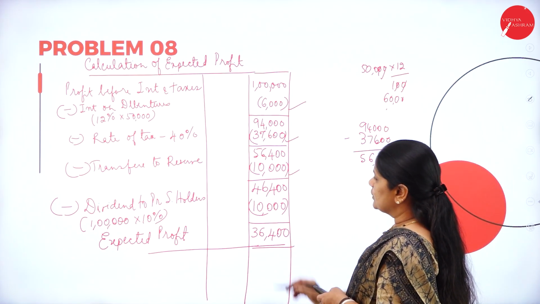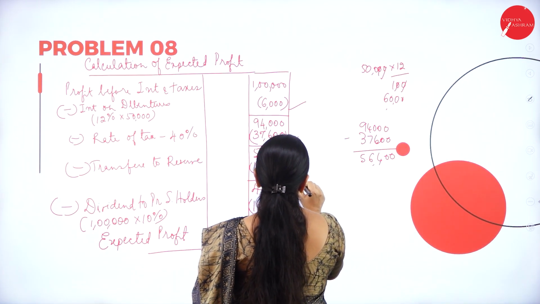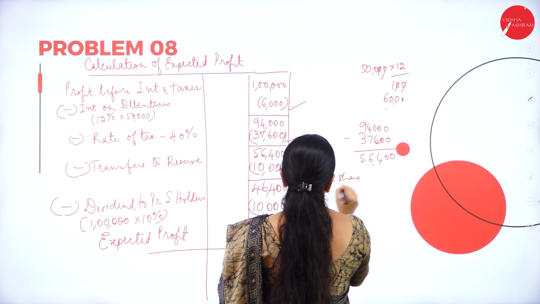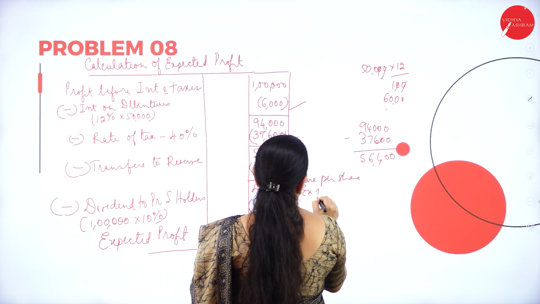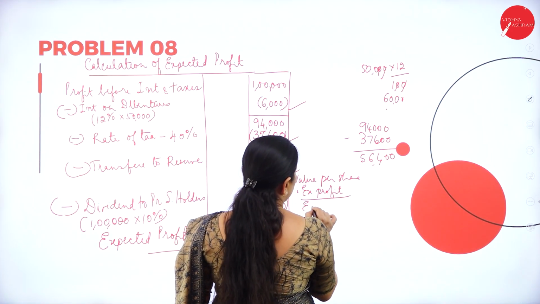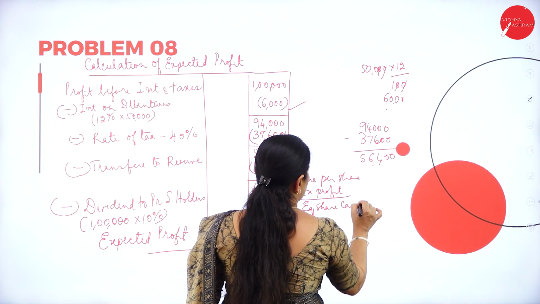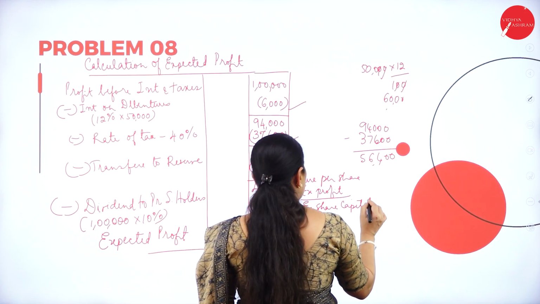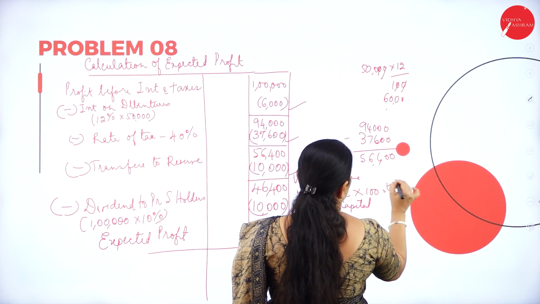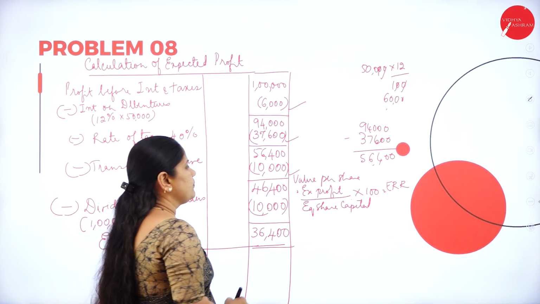Now, we have to calculate the value per share. So, value per share equals expected profit divided by equity share capital amount into 100. So, this will be the ERR, the expected rate of return.